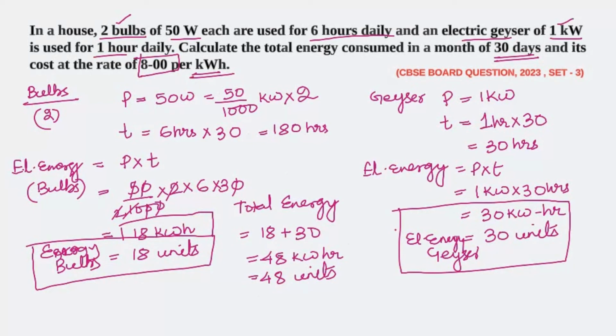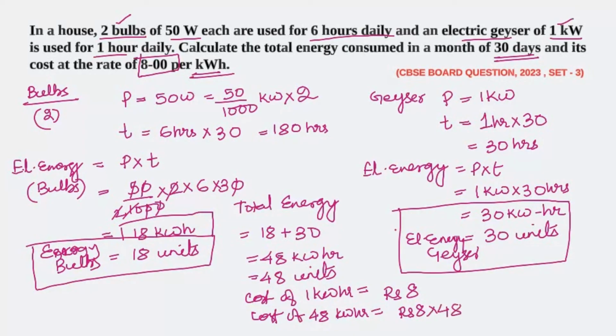So what amount have we consumed? Cost of 1 kilowatt hour is rupees 8, and we have used 48 units in all. So the cost of 48 kilowatt hour will be rupees 8 into 48, which is rupees 384. The answer to this question is rupees 384.